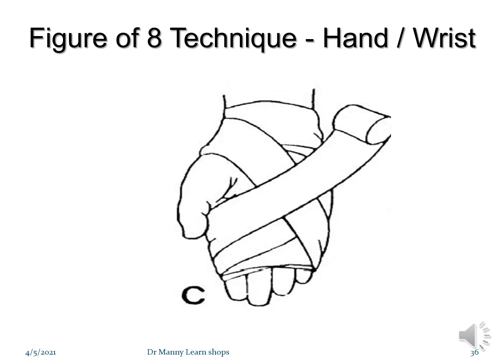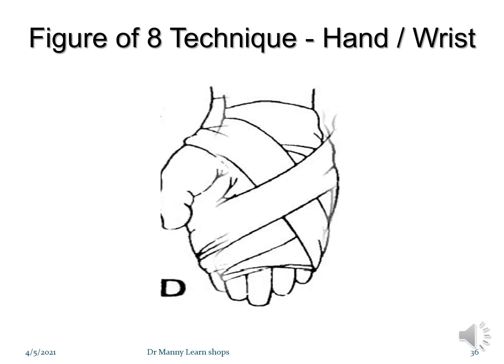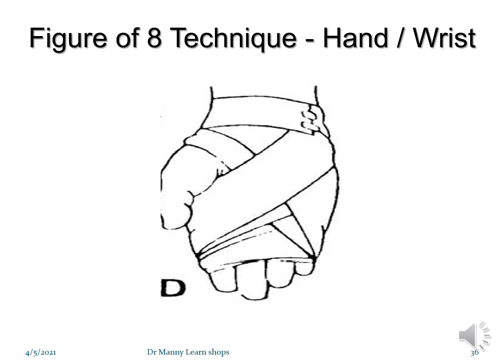Continue, wrist, hand, wrist, hand, wrist, hand. Not too tight, but tight enough to provide support. Leave the thumb and fingers exposed. You want to see circulation. Then on completion, around the wrist, tape the end of the bandage.